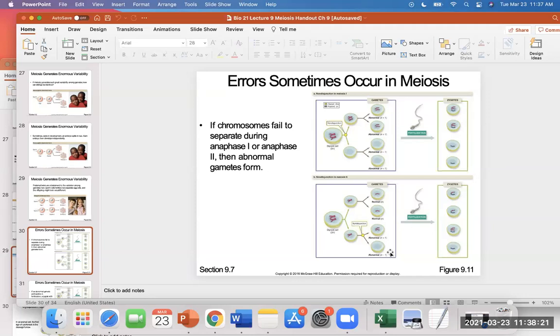Now you could go ahead and do the Punnett square and say, oh, there's a 50% chance this child is going to have a genetic disorder, or is not going to have a genetic disorder, because there's a 50% chance this sperm can fertilize the egg. 25 for this, 25 for this, and then there's also a 50% chance of receiving abnormal sperm with the abnormal number of chromosomes. So that's called non-disjunction, and it's an error that happens in meiosis. It can happen during meiosis 1, it can happen during meiosis 2.